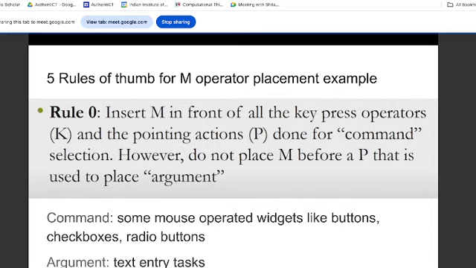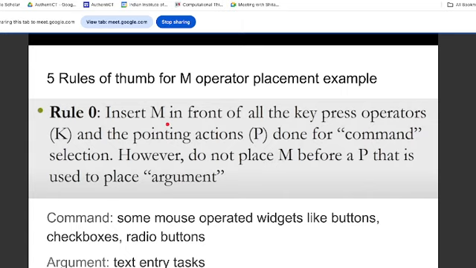So the rule states that if it is an argument, then don't write M. There is no decision making that you are performing while typing text. Whereas if it was a key press to make a decision, like pressing enter or sometimes Control S, two keys that I pressed, that indicates a decision of saving. In that case, the key press will also have an M operator before it.